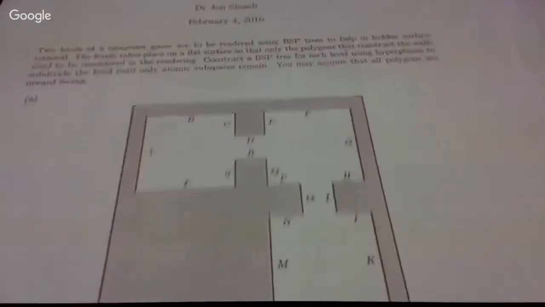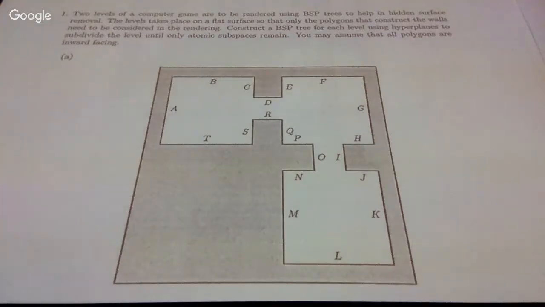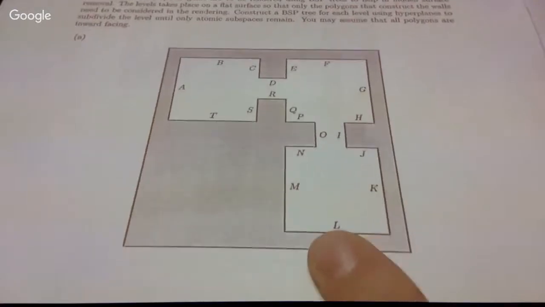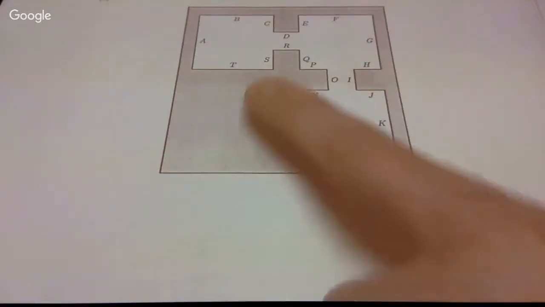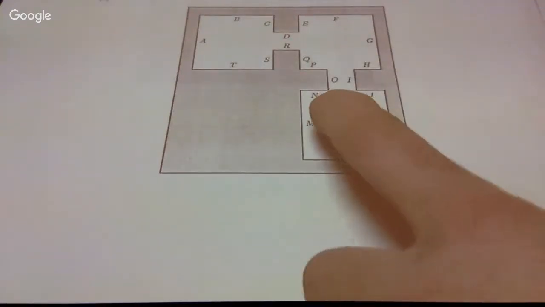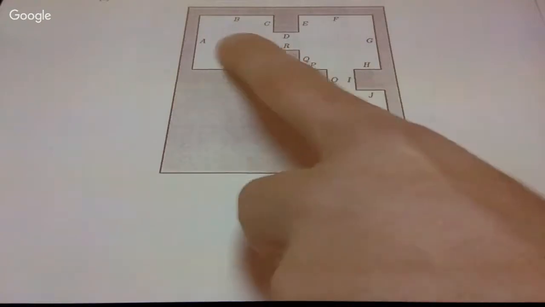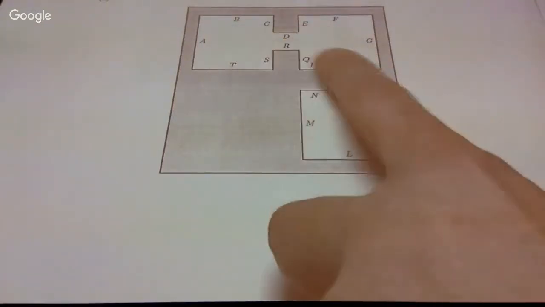What you've got to try and do is imagine that this is a virtual world. So what we have here is a kind of plan view of a computer game. I know it's very simple, but we can't go too complicated because we're doing this by hand. Imagine these are like 3 rooms in a computer game, and it's plan view, you're looking down on it. So your character can walk around in the interior of these rooms.